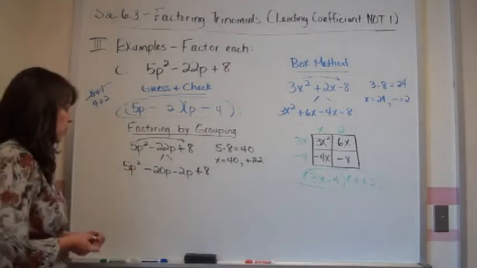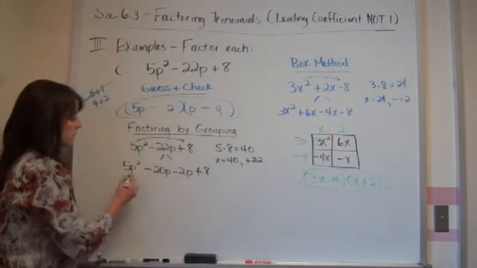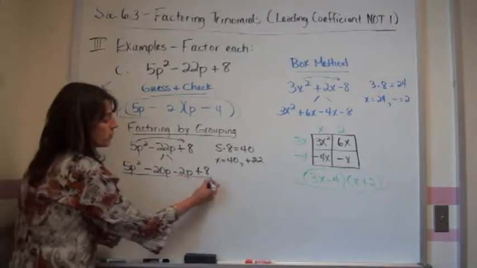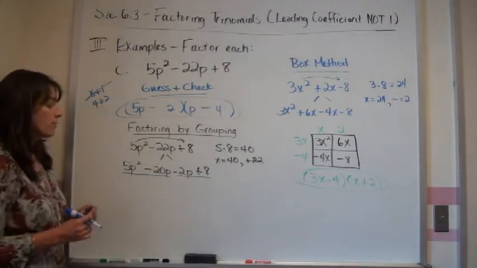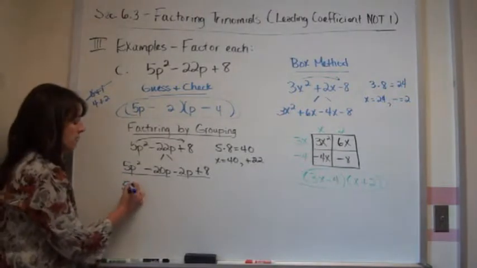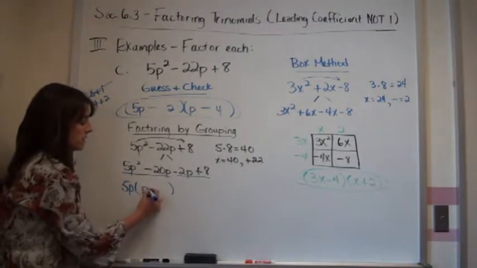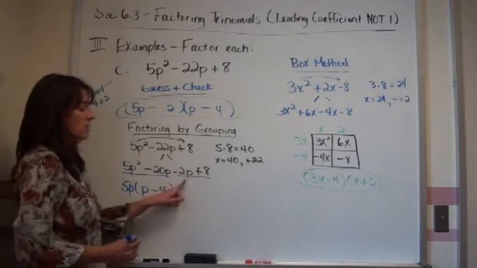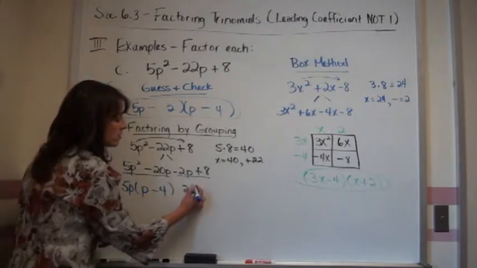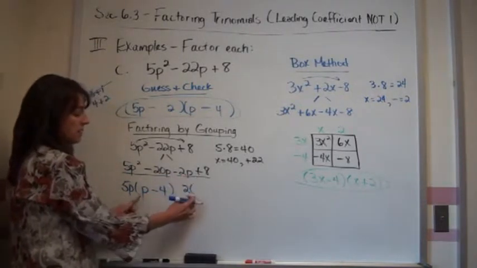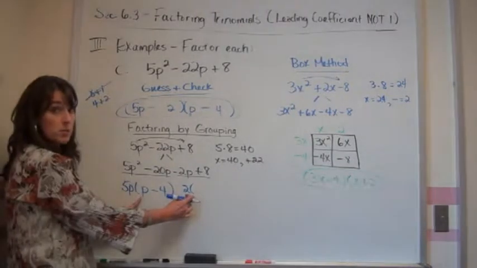Now I'm going to take that 4 term polynomial and group up the first two and group up the back two. Within the first two, I can divide a 5 and a p out. I'll be left with a p minus 4. And here, remember, if I only divide out the 2, then I'll be left with a negative p, and those parentheses will not be identical.